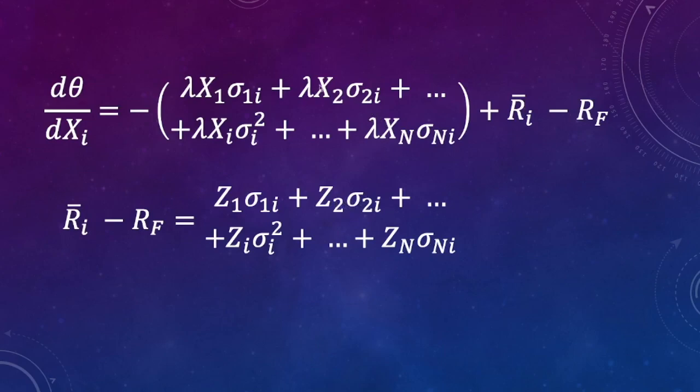Having the lambdas is an unnecessary burden, so we are just going to simplify things by putting lambda x equal to z. Okay, so there are again n equations, one for each i, and there are n unknowns, z1 to zn.